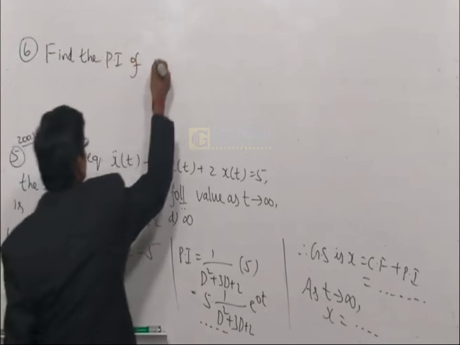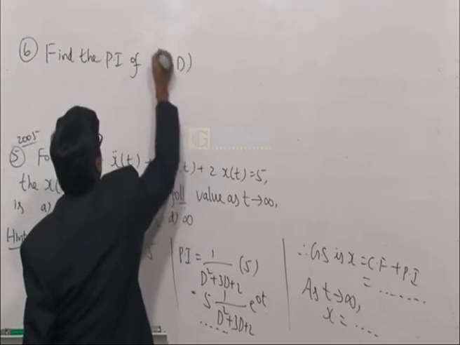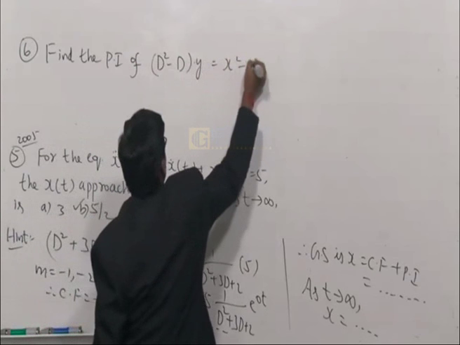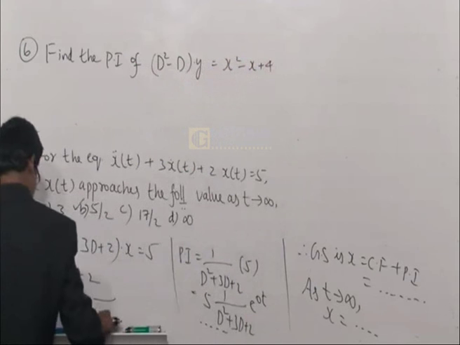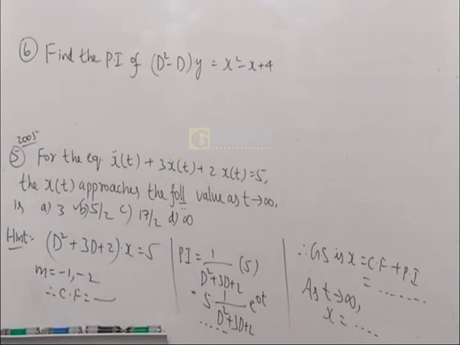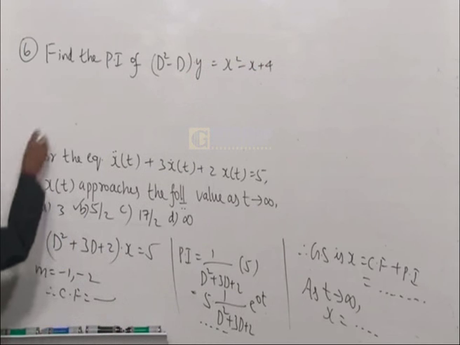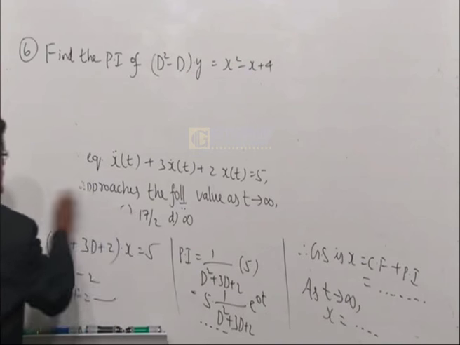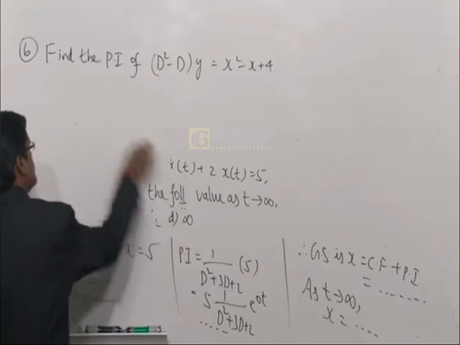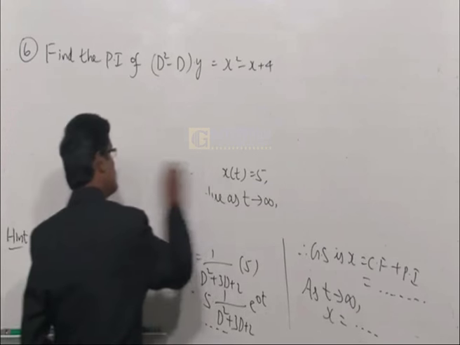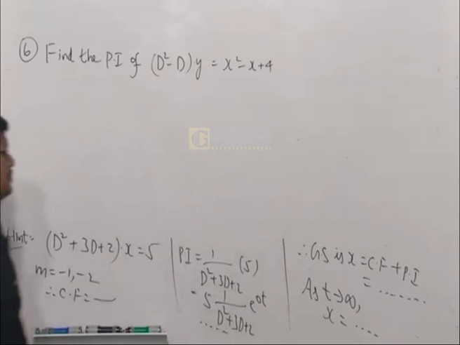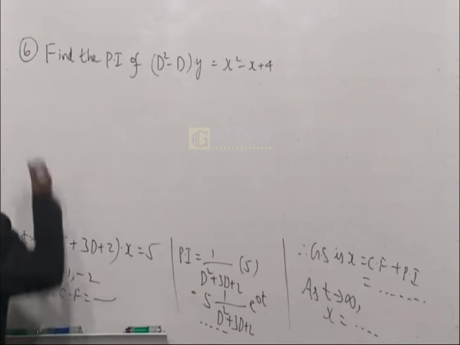Find the PI of x square minus x plus 4; here we require only PI.